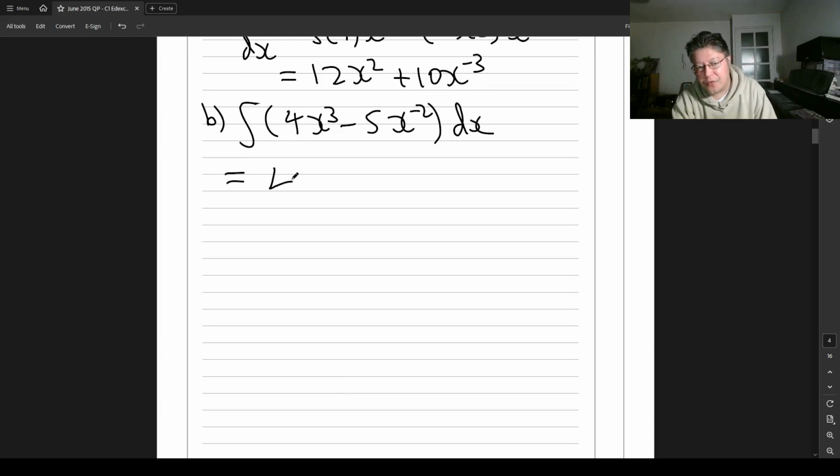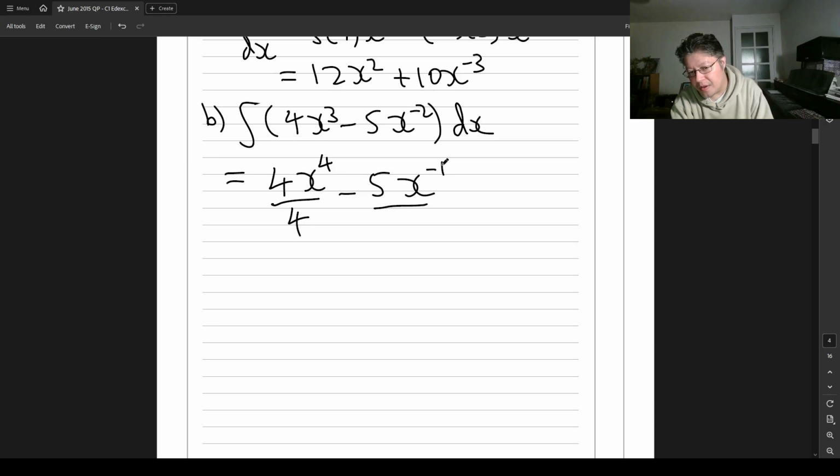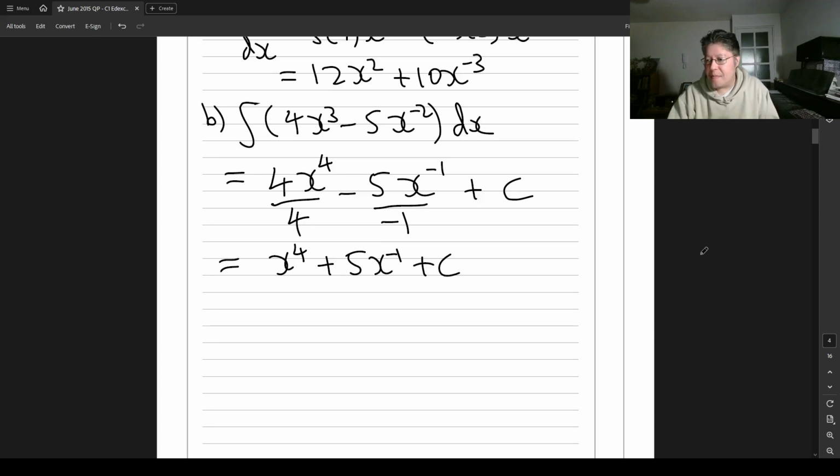So we have 4x, and we add 1 to the power, gives us 4, and we divide by the new power, minus 5x, and then we add 1 to minus 2 to give us minus 1 over minus 1, and we have a plus c, and then we just simplify. So 4 and 4 cancel, we have x to the 4, we have minus 5 divided by minus 1 is plus 5, and then x to the minus 1 plus c. That's the answer.